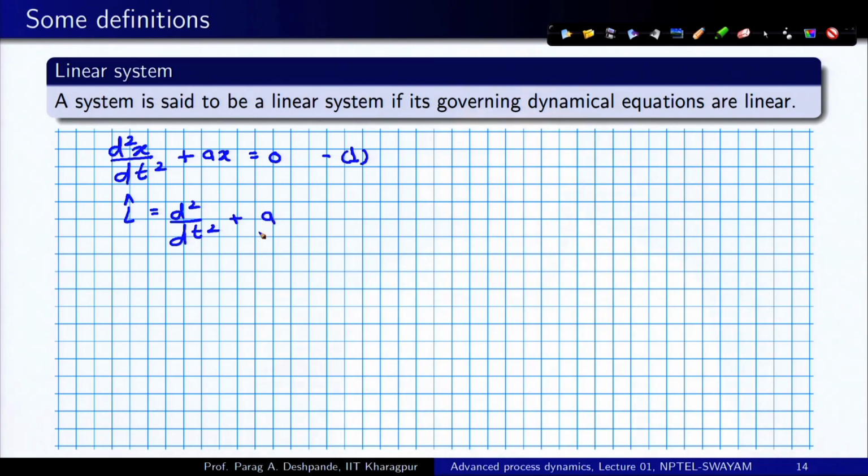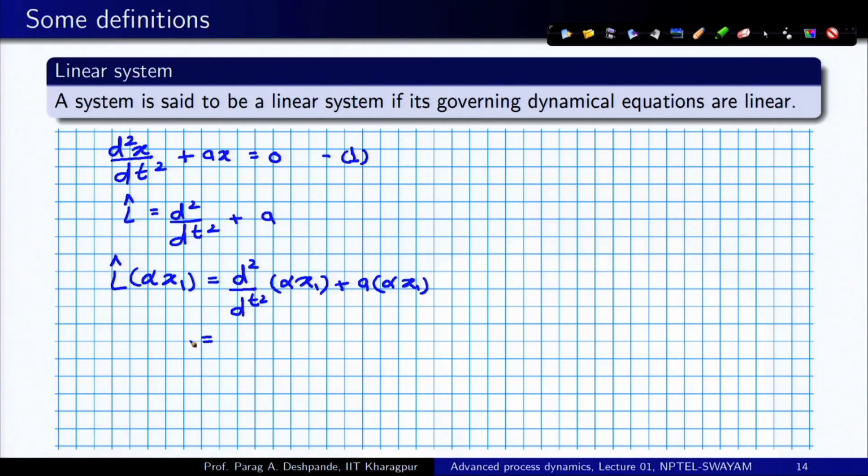According to my second property, if alpha is any member of the field over which the solution space is defined, then if I operate L on alpha times x 1, where x 1 is any solution, I am going to write it as d 2 by dt squared times alpha x 1 plus a times alpha x 1.